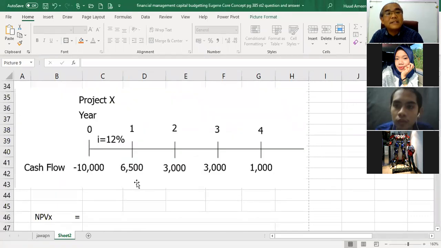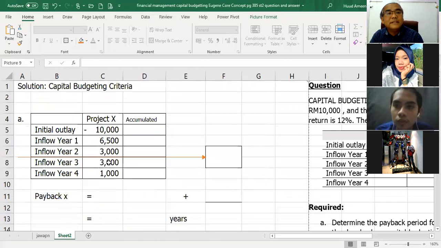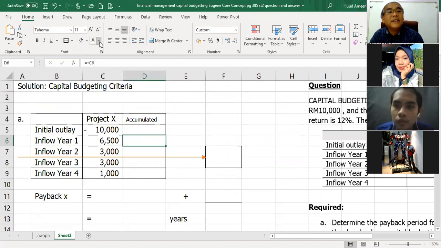Year 1 you get 6,500. Year 2, 3,000. Year 3, 3,000, and year 4, 1,000. This is the scenario. What is the accumulated figure? Year 1 you get 6,500. How many years do you need to cover 10,000?